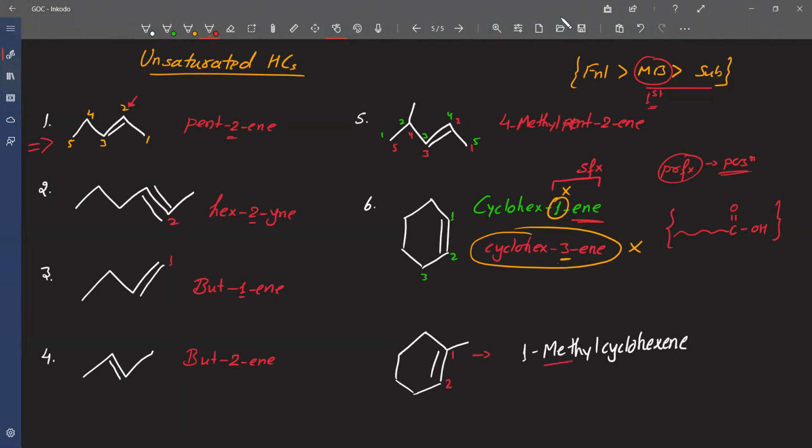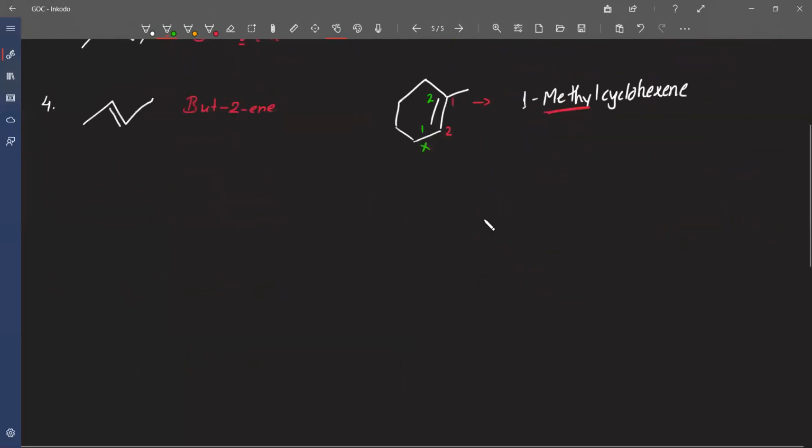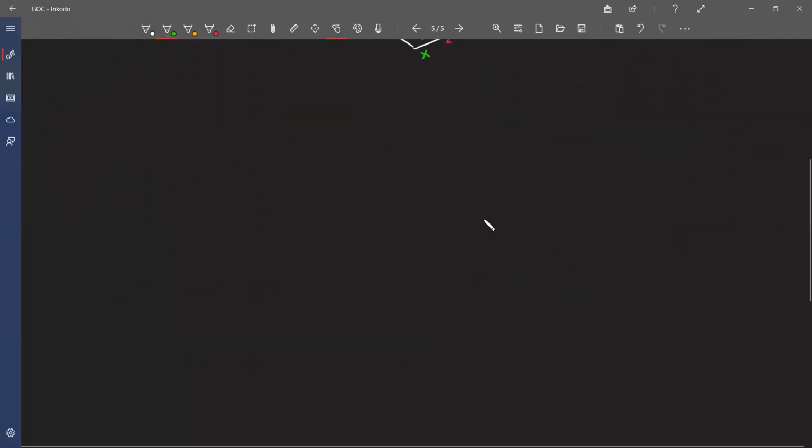The methyl is at the number 1 position. If you give the double bond position 1 but number the other way, that will be wrong. The green scheme is the wrong scheme of numbering. Okay, let's see a few more examples in this.